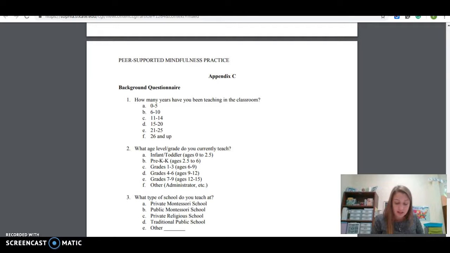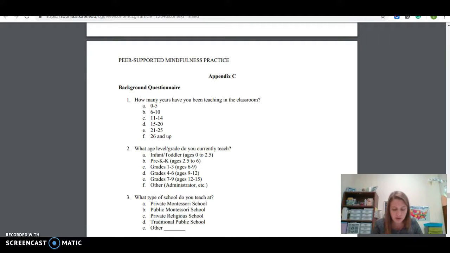She looks at the frequency of the mindfulness practice, and one of the things that she does do that helps with her reliability is checking in with teachers once a week to make sure that they are still enthusiastic about participating in the study, to ensure that those people are still following through with the interventions that she's put in place.